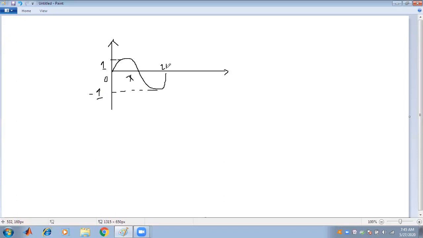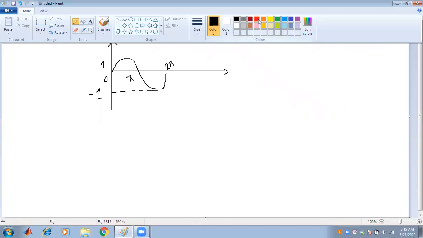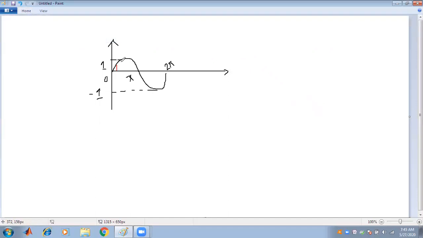So we have to concentrate on the area under the graph. How can we find the area under the graph? Let us take the area of this portion, the OAC portion.